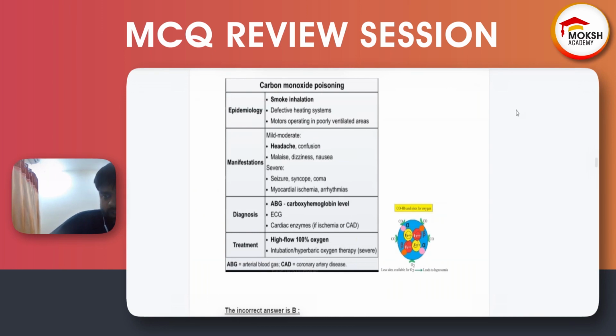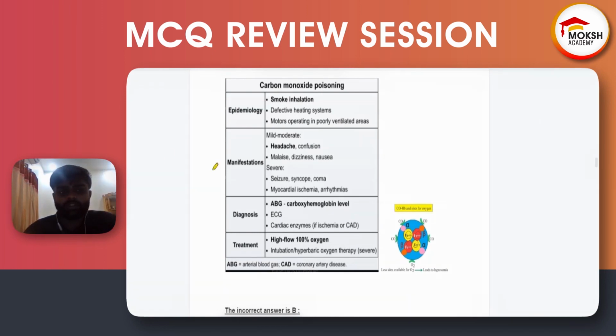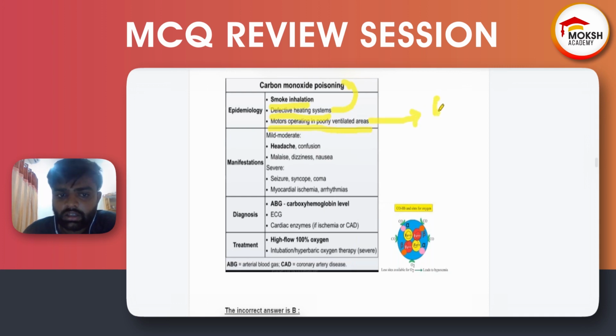So here you can see carbon monoxide poisoning. It's most commonly seen in smoke inhalation injuries, or they can have a defective heating system where they're inhaling lots of carbon monoxide, or if they are stuck in poorly ventilated areas like a garage with a motor operating, so they are seen with carbon monoxide poisoning.